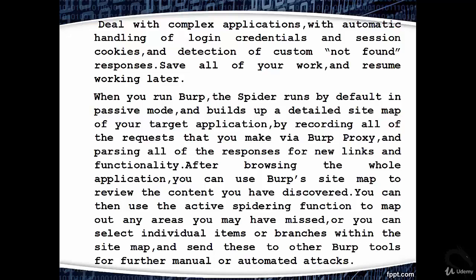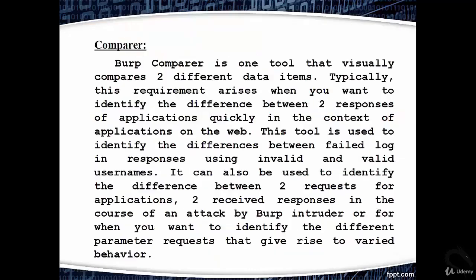You can then use the active spidering function to map out any areas you may have missed, or you can select individual items or branches within the sitemap and send these to other Burp tools for further manual or automated attacks.